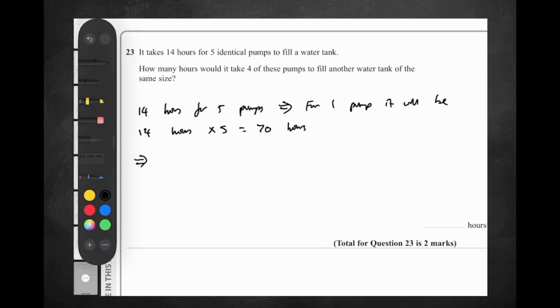Therefore, for 4 pumps, it will be 70 hours divided by 4, which again I'm going to do on my calculator. Comes out at 17.5 hours.